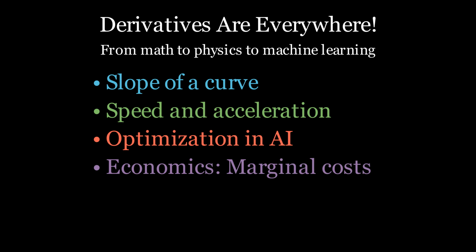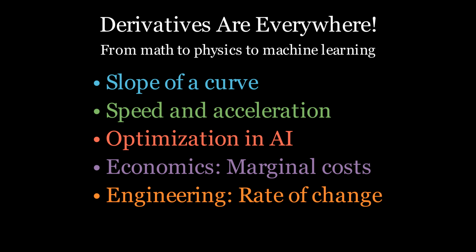Economists use derivatives to analyze marginal costs and revenues in business decisions. Engineers rely on derivatives to understand rates of change in everything from electrical circuits to structural designs. This universal language of change helps us model and predict how systems evolve, making derivatives one of mathematics' most powerful tools.